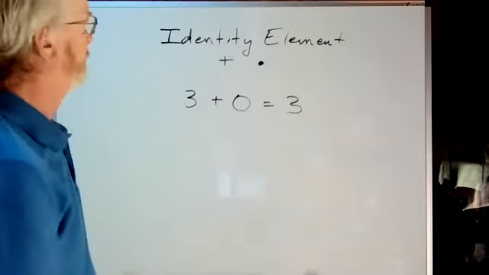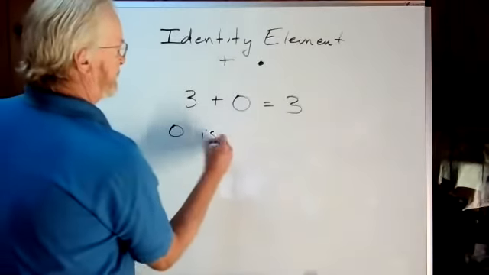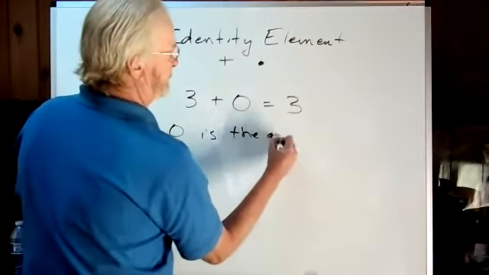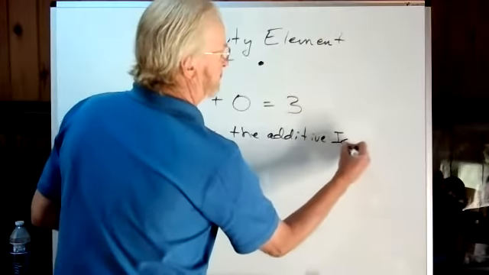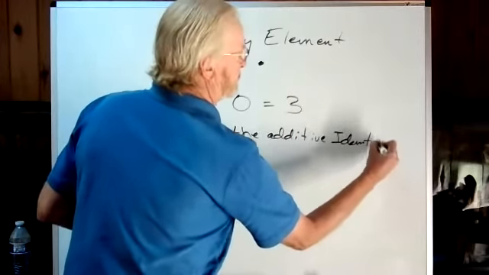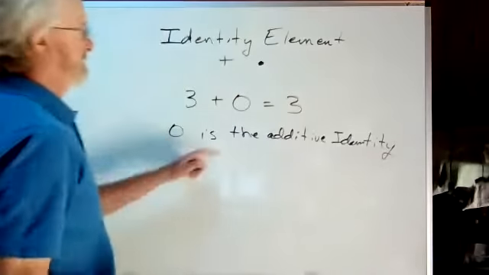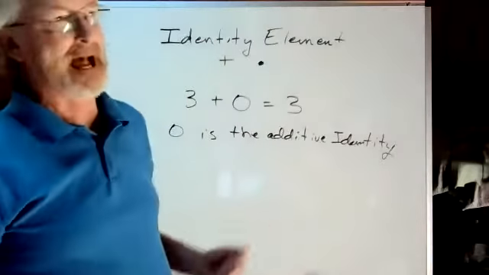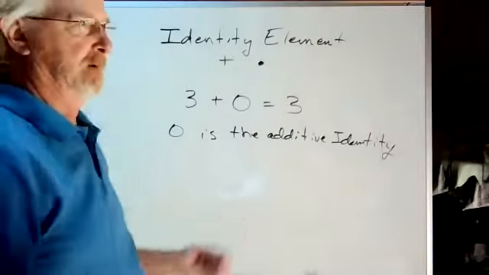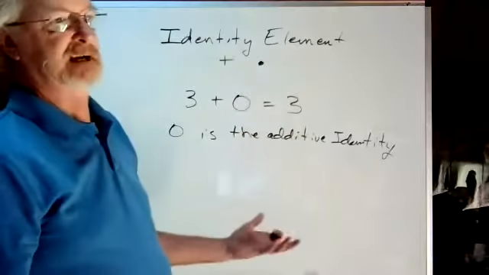So 0 is what we call the additive identity element. It's the additive identity number. It doesn't change what you add it to. Just file that away: I can always add 0.